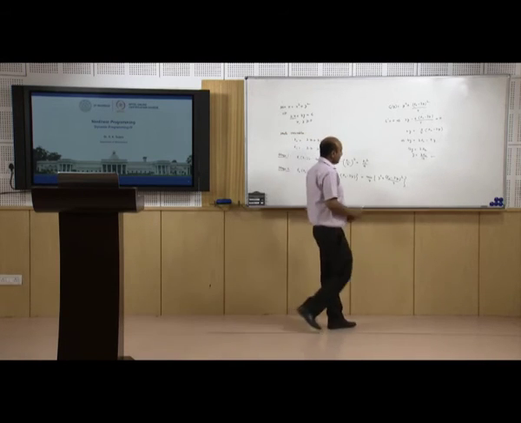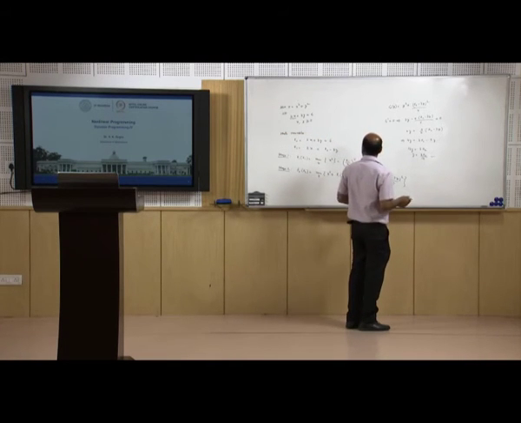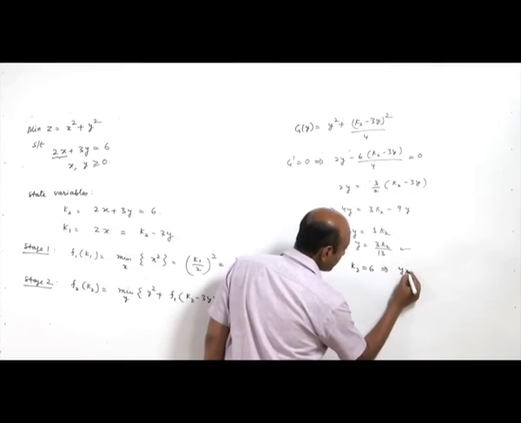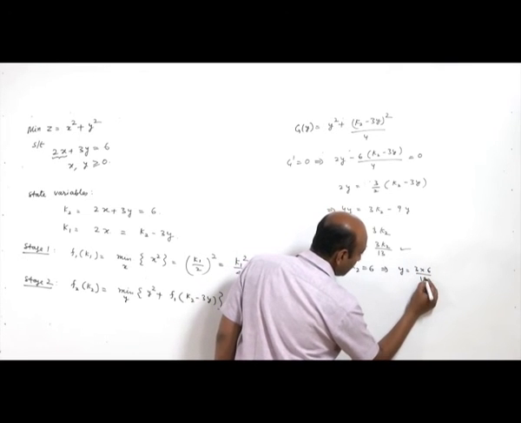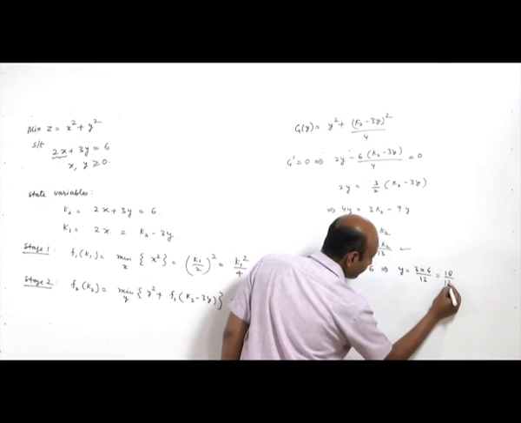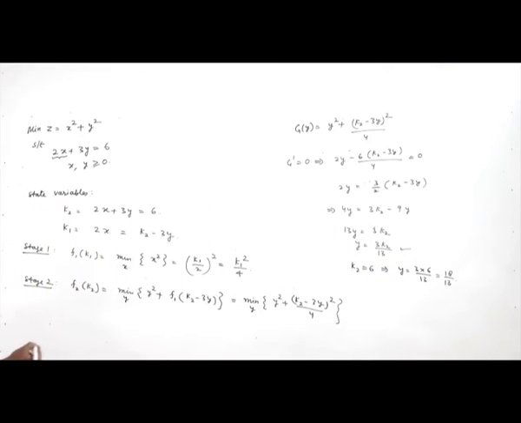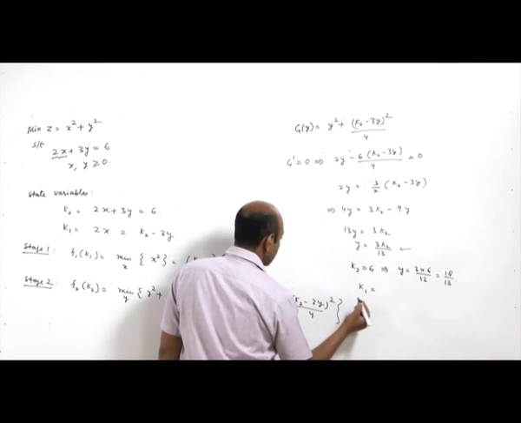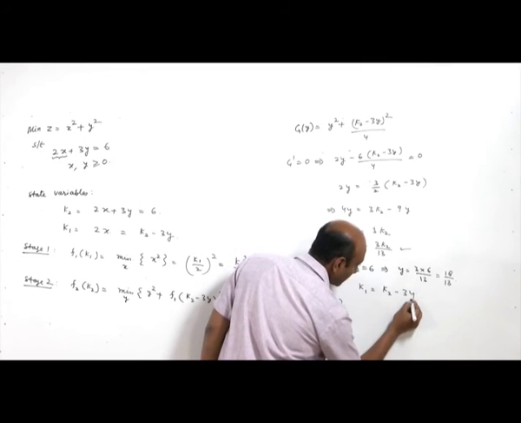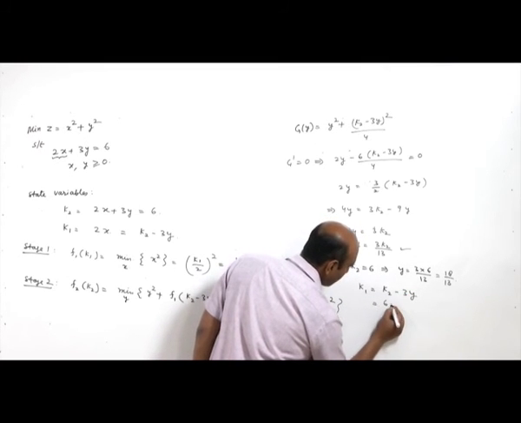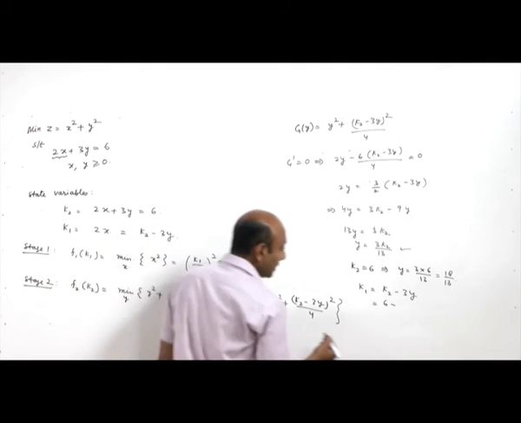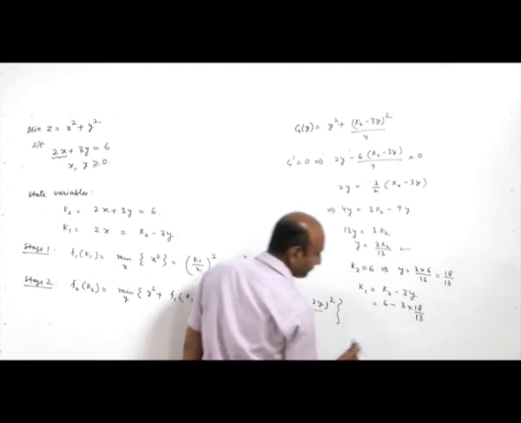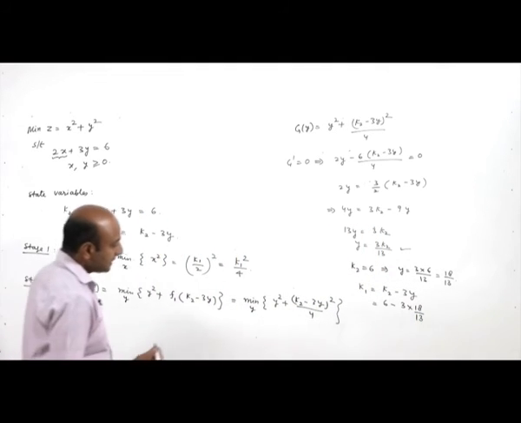Now k2 is 6. So this implies y equals 3 into 6 by 13, which is 18 upon 13. And now k1 is k2 minus 3y. So it is 6 minus 3 into 18 upon 13.